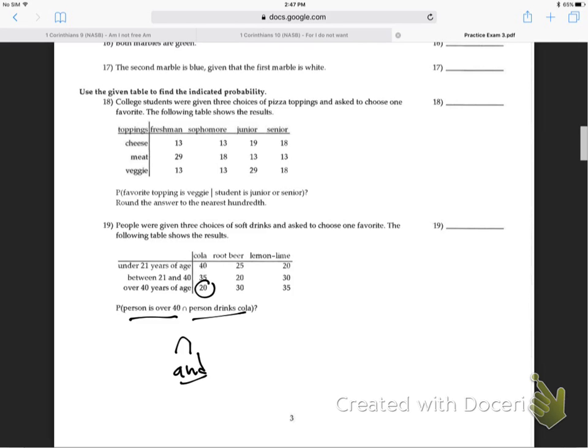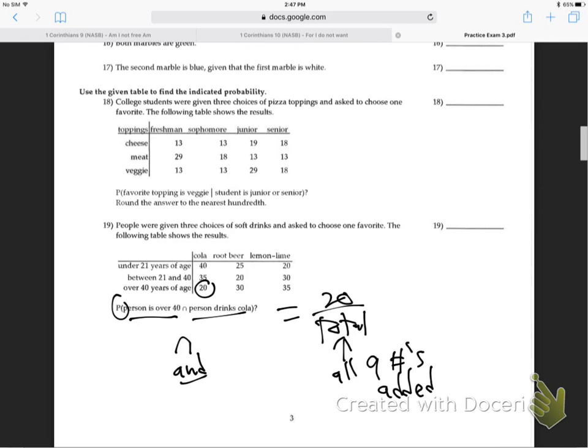Those are the only 20 people that are both over 40 and prefer cola, overlapping both categories. So it's 20, but it's a probability, right? P means probability. So I got to have a total down here, and the total means all those added up. All 9 numbers added. So just 20 out of whatever all those add up to be.